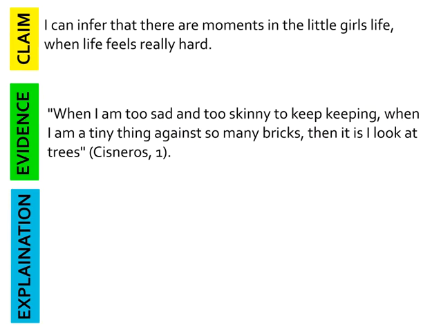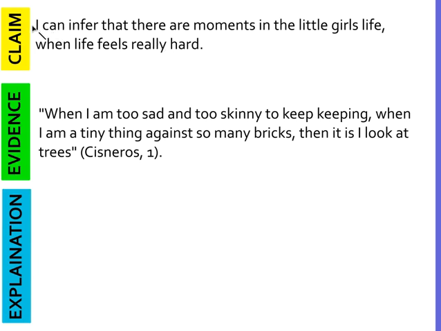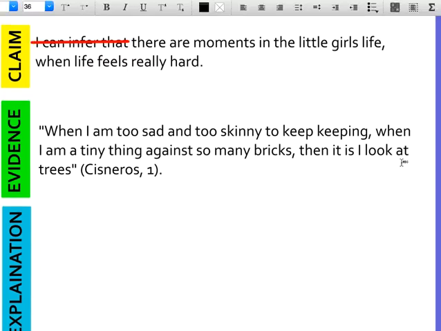So a claim is the argument that you are making in your paragraph. This is what you have to prove by the end of your explanation. You need to prove that this is true. So to turn my inference into a claim statement, I'm going to cross off "I can infer that," and then I need to capitalize that T, right?